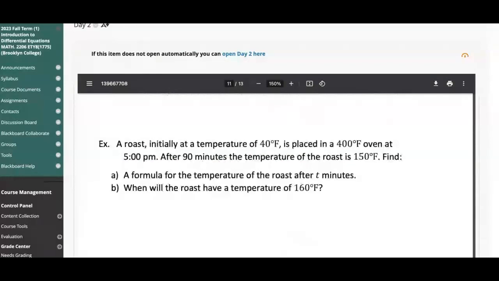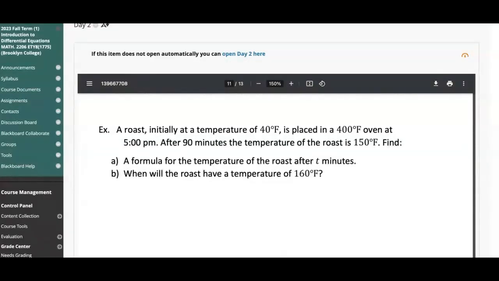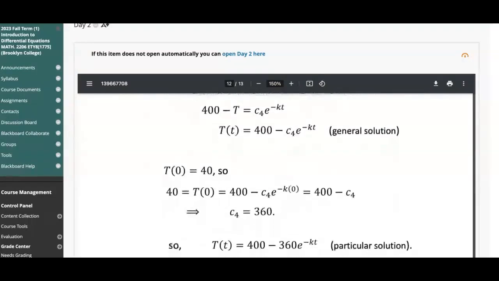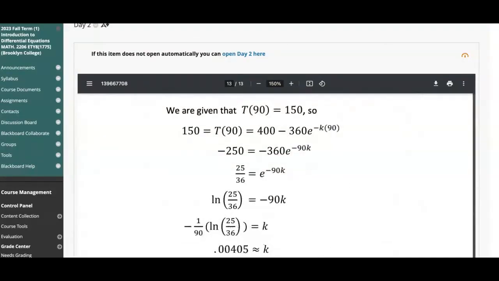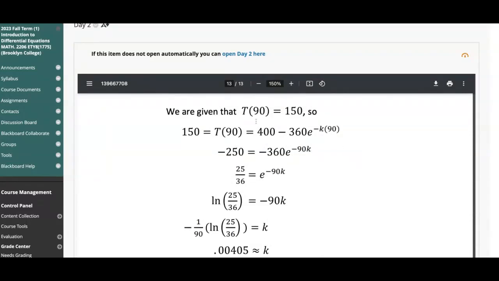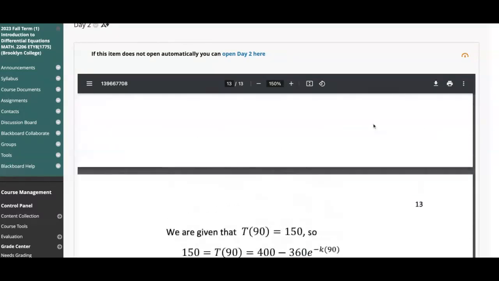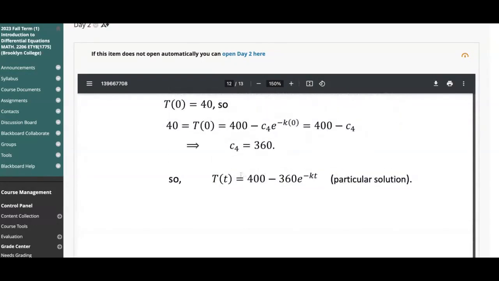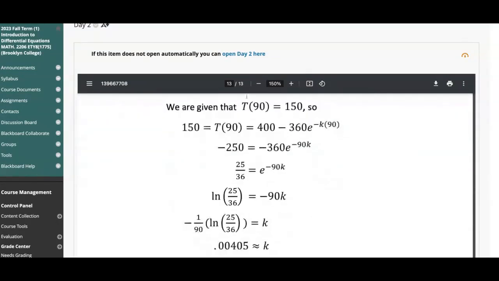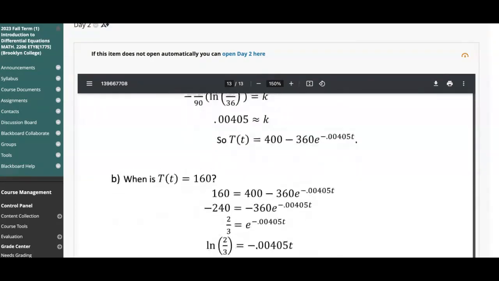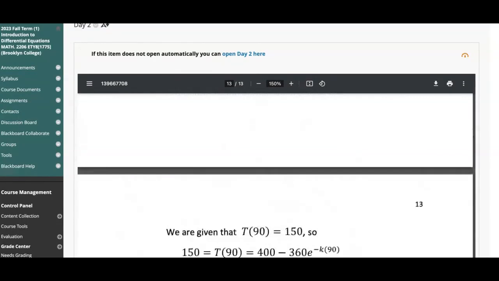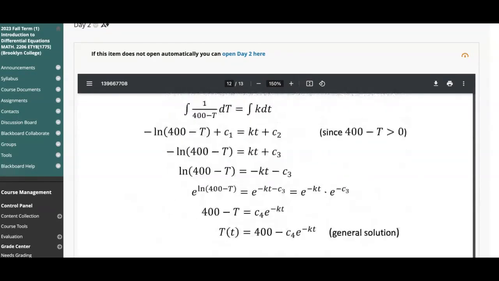Okay, so B part: when will the roast have the temperature of 160? Given T of 90 equals 150... Oh, this is still part A. No wonder I was wondering what's going on.